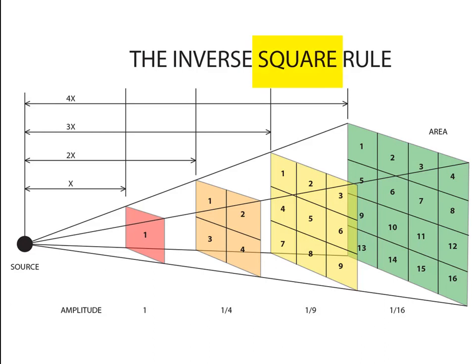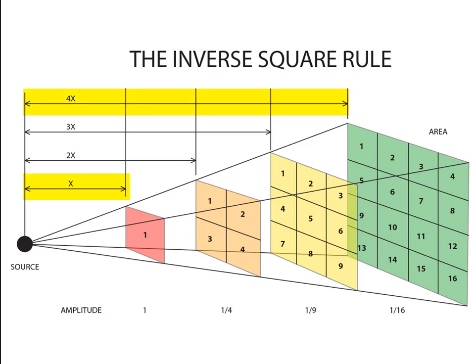If it were linear, if you double the distance from x to 2x, that should halve the effect, from 1 to a half. But it's not linear, it's by the inverse square. Doubling the distance from 1x to 2x causes a decrease in the effect by the square, from 1 to 1 over 2 squared, a quarter. Tripling the distance from x to 3x decreases the effect by 3 squared, from 1 to 1 over 3 squared, 1/9.